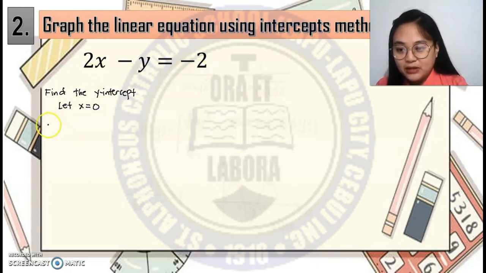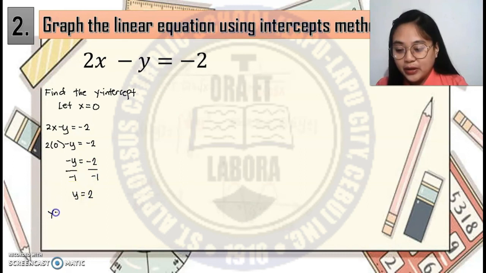Copy the given 2x minus y equals negative 2. Substitute 0 to x. 2 times 0 minus y equals negative 2, and it will become negative y equals negative 2, divided by negative 1, negative 1. y equals positive 2.